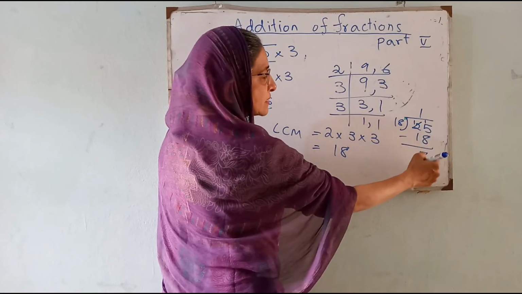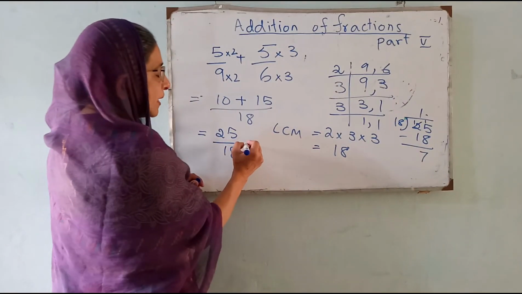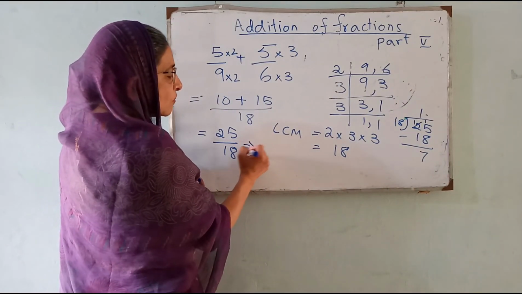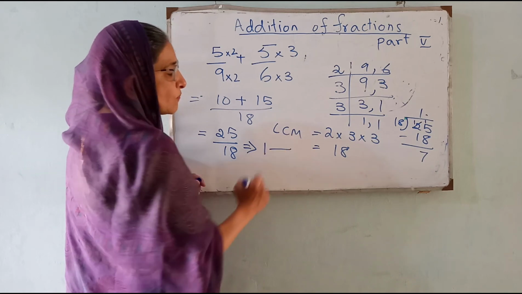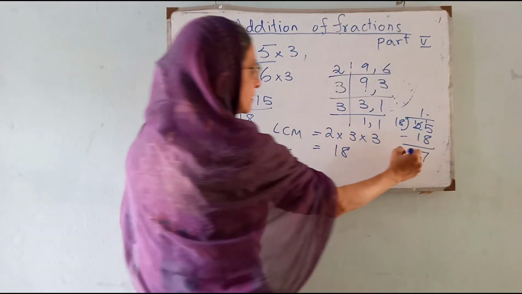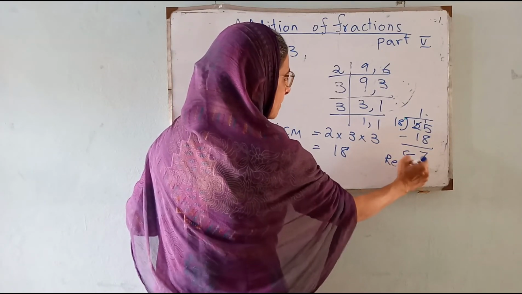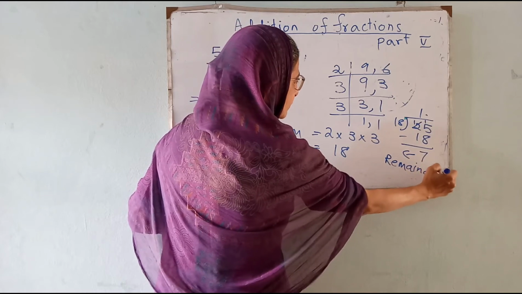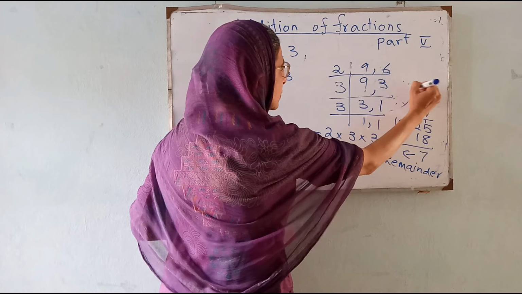1 minus this. So this one is the whole number. And you have to write this 1 whole. 1 will be like this, and in the center of 1 you are going to draw a line. This is called the remainder, and this is called the whole number.